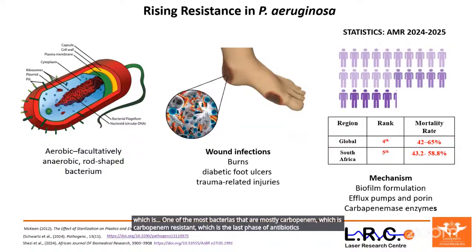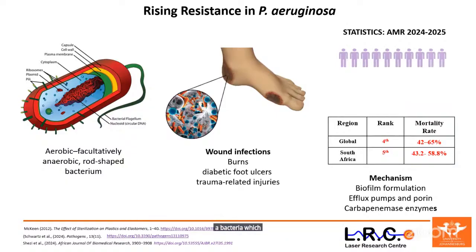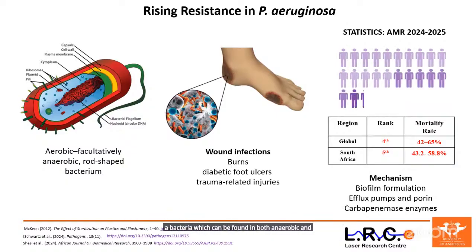Now, in this study, we are looking at Pseudomonas aeruginosa, right, which is a rod-shaped bacteria which can be found in both anaerobic and aerobic conditions.